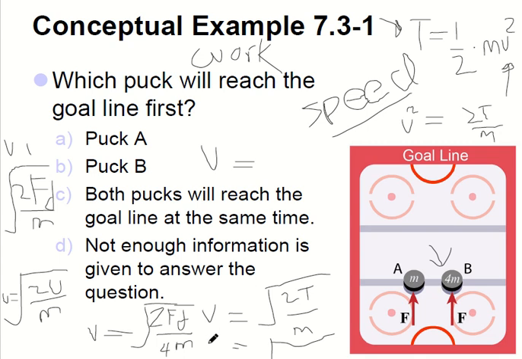Okay. So if you calculate that, since these are the same, you only have 1/4, square root of 1/4 against square root of 1. See how we calculate that.